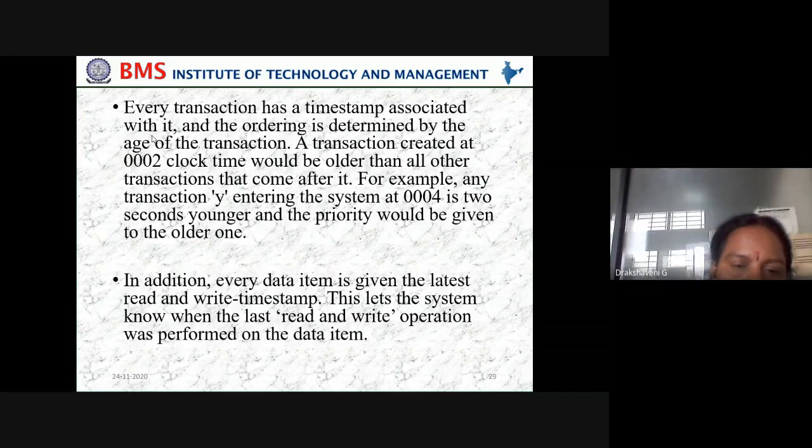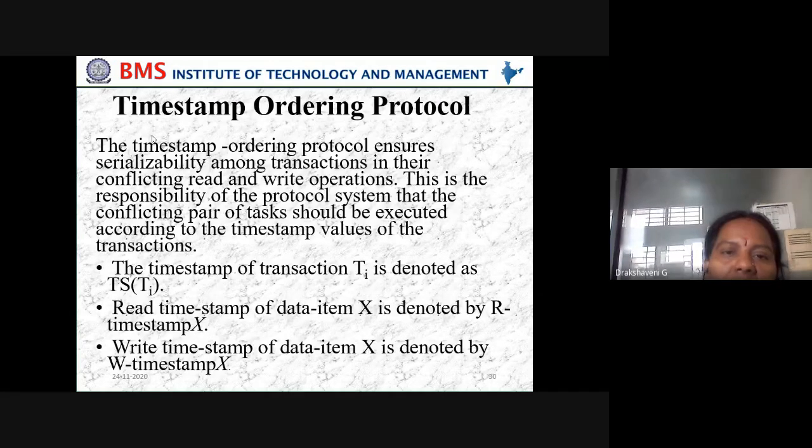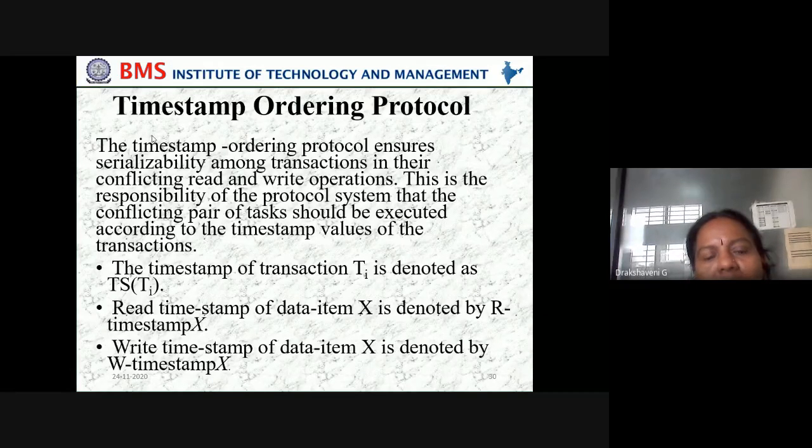In addition, every data item is given a read and a write timestamp. This lets the system know when the last read and write operation was performed on the data item. Timestamp ordering protocol: the timestamp ordering protocol ensures serializability among transactions in their conflicting read and write operations. It is the responsibility of the protocol system that the conflicting pair of tasks should be executed according to the timestamp values of the transactions.